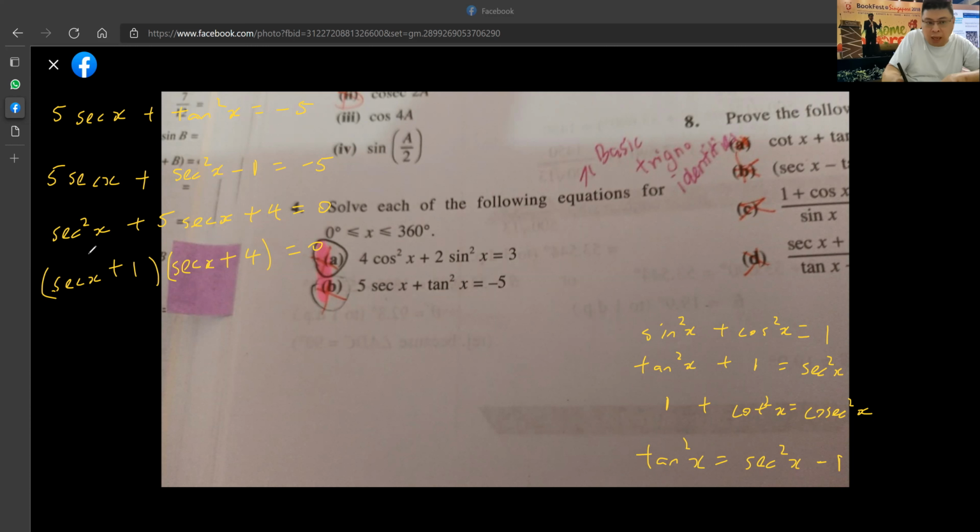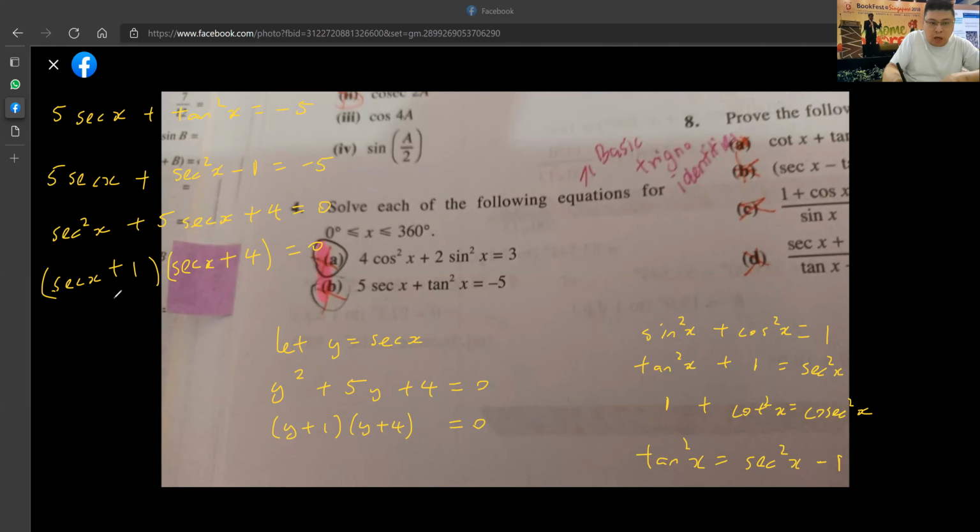Another way to look at this is you let your y be secant x. So this will become y squared plus 5y plus 4 equal to 0. You can solve how you usually solve the quadratic equation. So this is y plus 1 and y plus 4 equal to 0.